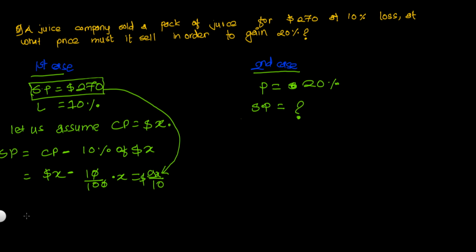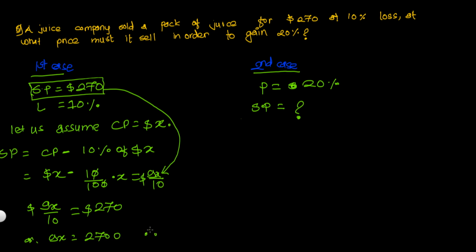The SP at the same condition must be equal. So from the first case, we can get 9x over 10 equals 270, or 9x equals 2700.